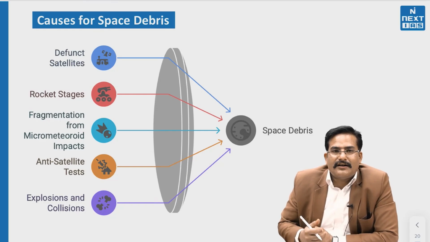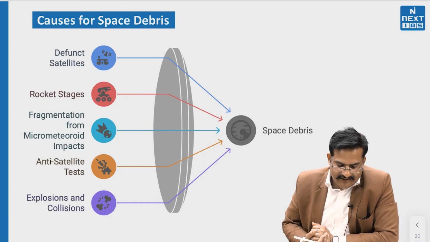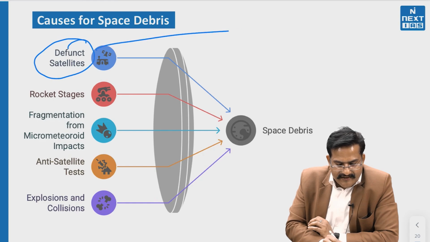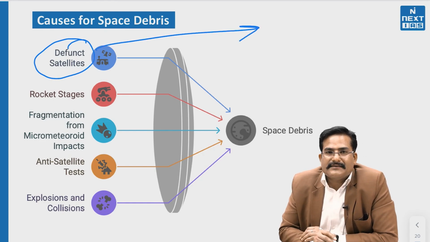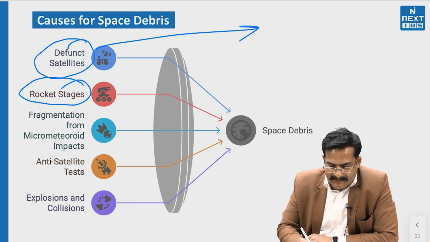Now, what led to space debris? Let us try to understand the various aspects. A defunct satellite may result in space debris, because it is no longer functional and it can cause damage if it is not in the right orbit. Then there are the various rocket stages we have discussed.